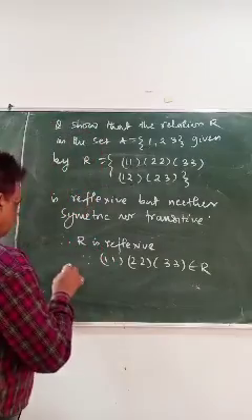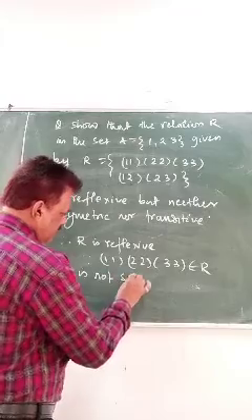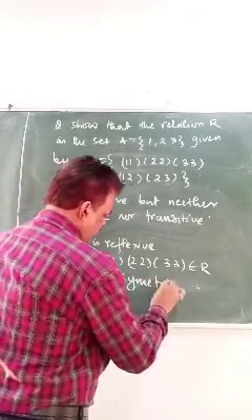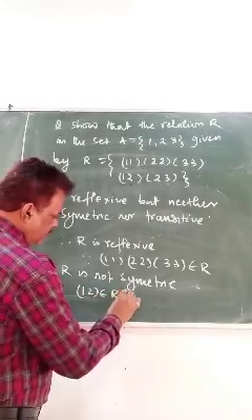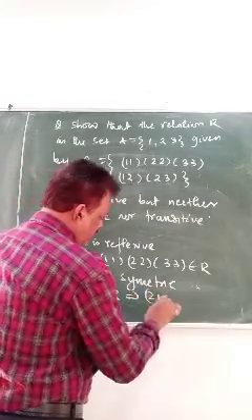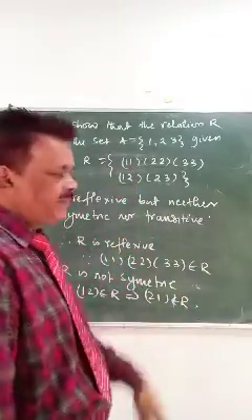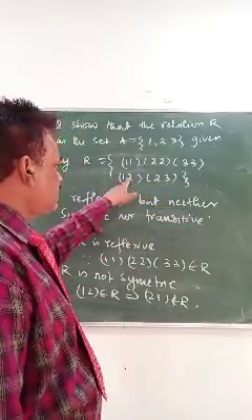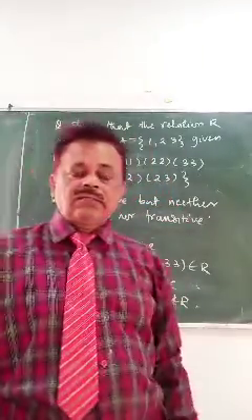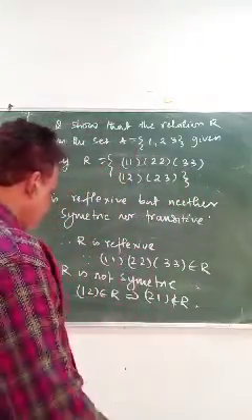So you can write R is not symmetric. (1,2) belongs to R implies (2,1) doesn't belong to R, not present.